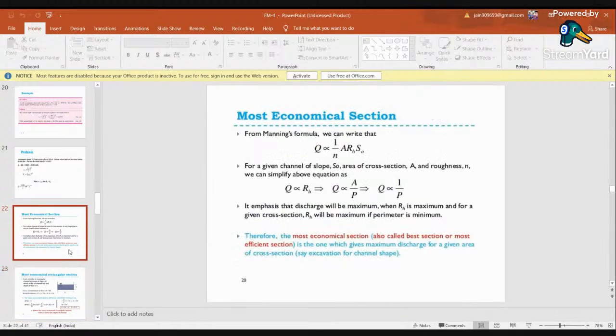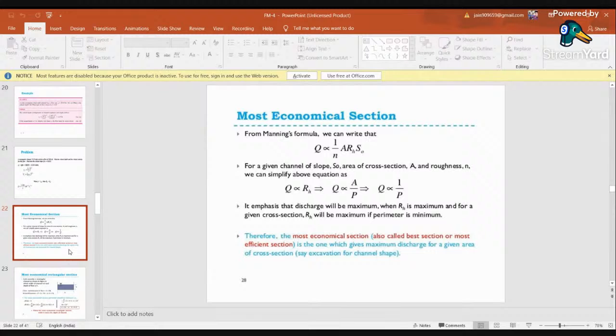Okay. So these are the sections which will give you the maximum discharge for a given cross-sectional area, as well as for the given bed shape and for the given slope. It will have the minimum wetted perimeter and it will involve lesser excavation for the design amount of discharge.